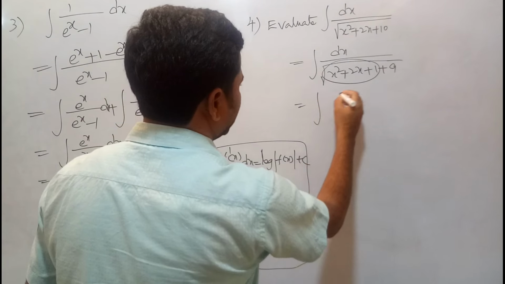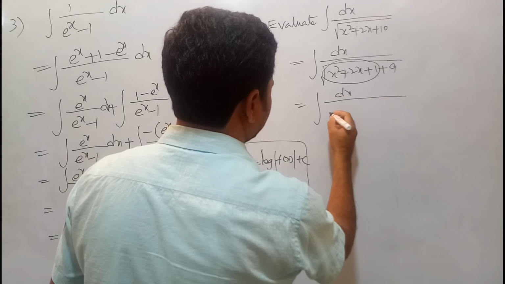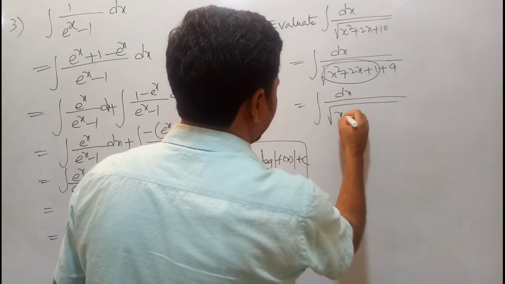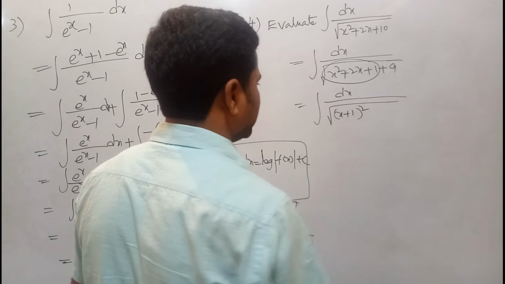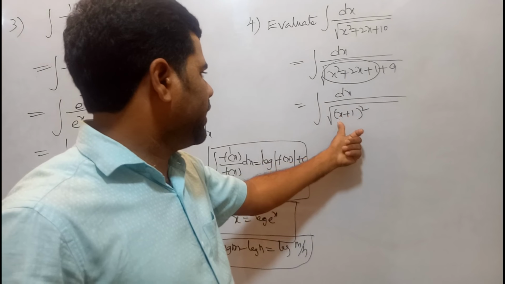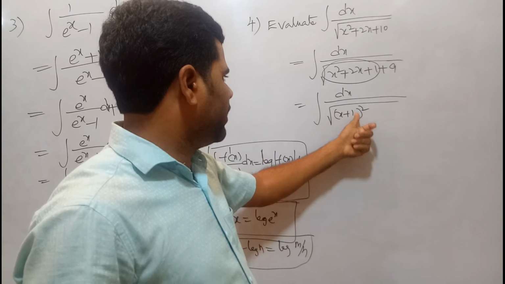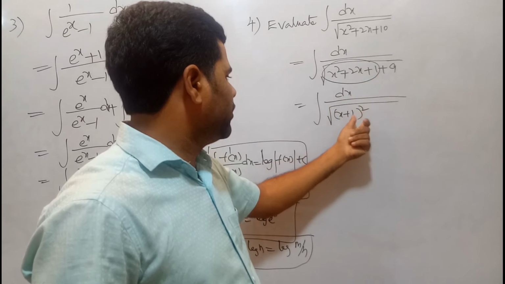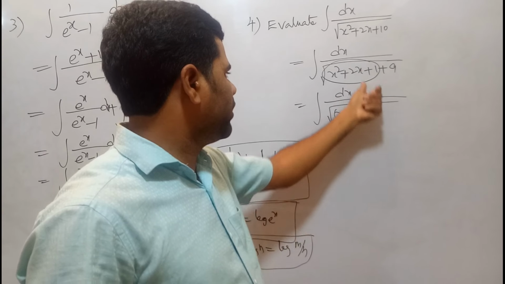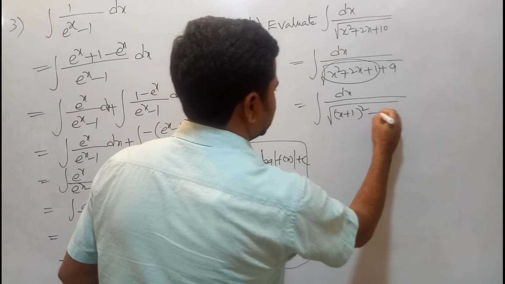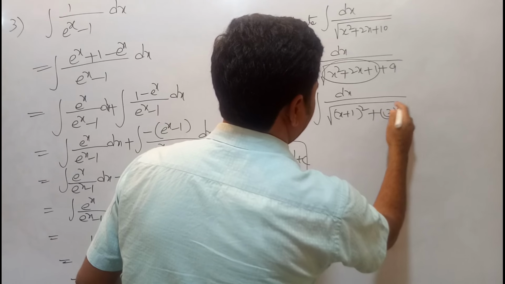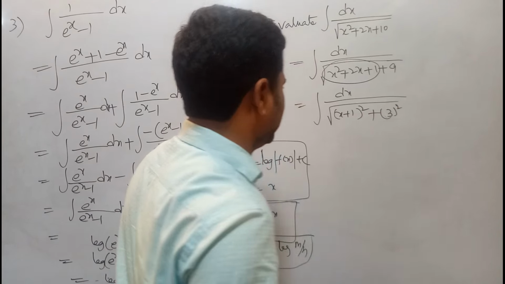So integral dx by under root of (x plus 1) whole square plus 3 square. Just expand this: x square plus 1 square is nothing but 1, and 2ab means 2 into x is 2x, plus 3 square, 9 we can write as 3 square.